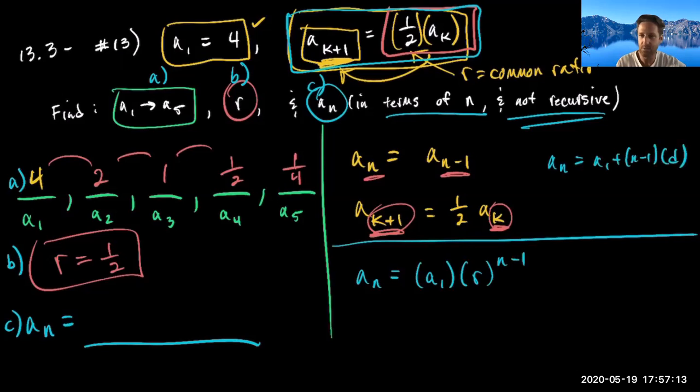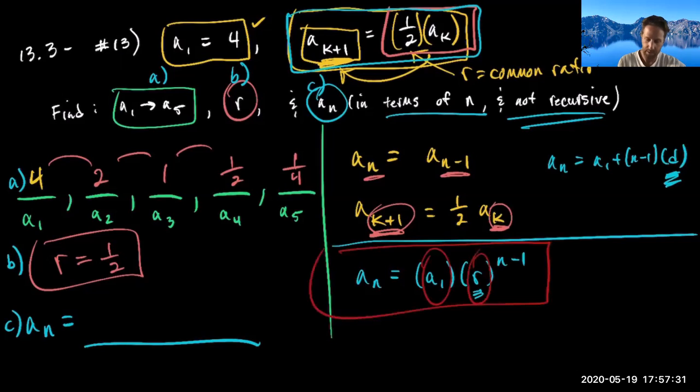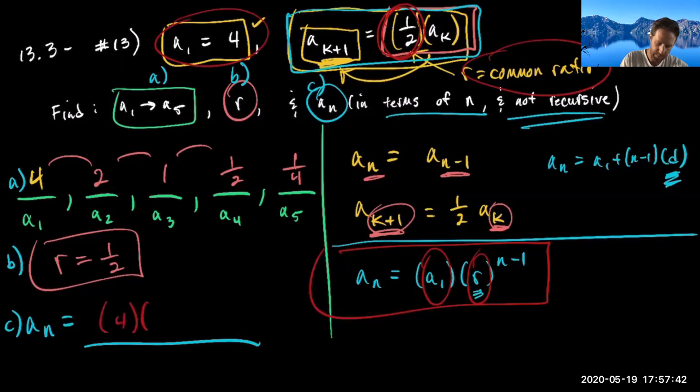Okay, so again, have these written down. How can you differentiate between them? D is the common difference. That's arithmetic. R is our geometric common ratio. All right, so all you need to do in order to find this is know the first term and the common ratio, and that is the formula. And since they gave us both the first term and, in a roundabout way, the common ratio R, then we know the answer to this is A1 times R to the n minus 1.